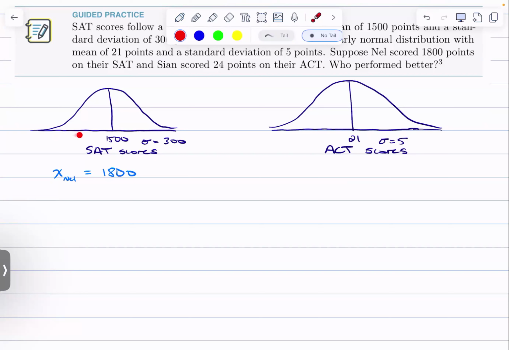In terms of our SAT scores, I'm going to plop that down somewhere here. It doesn't actually matter where I put it. It's just for visualization, as long as you're on the correct side of the mean, either above or below as appropriate.